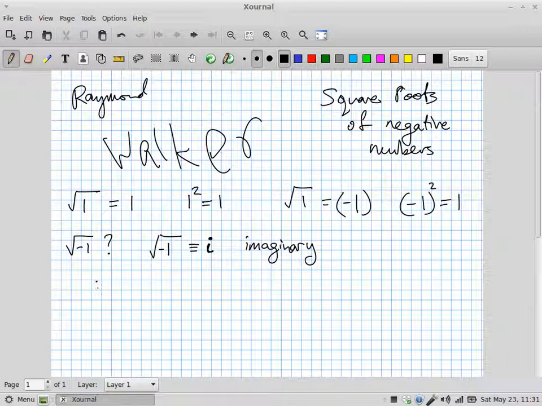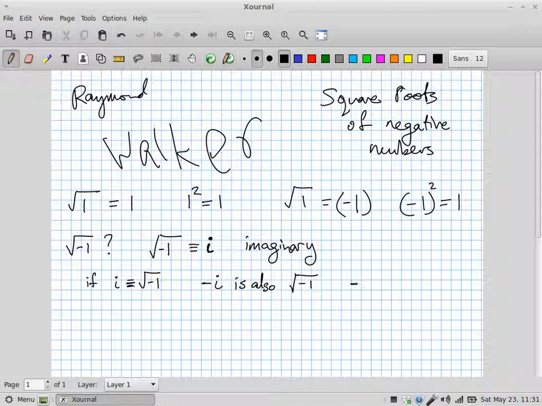It turns out that if I is equal to the square root of minus 1, there's another square root of minus 1. Minus I is also a square root of minus 1.